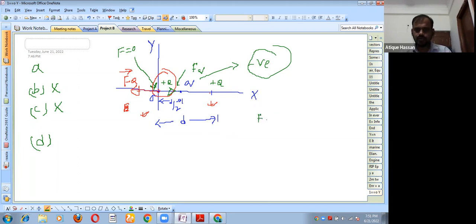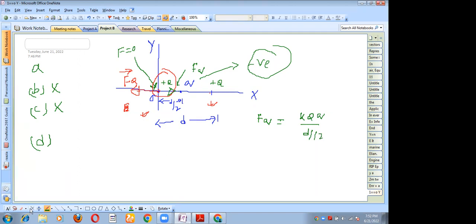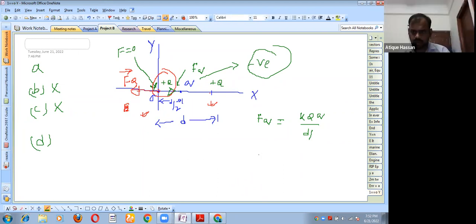If we find the force due to small q, what will be its value? It will be K Q q divided by (d by 2) whole square.